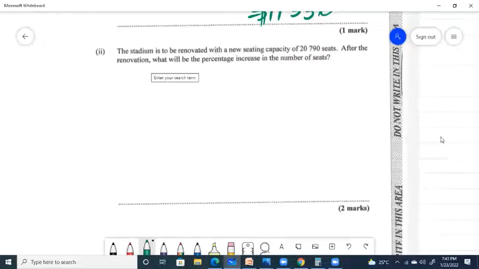The stadium is to be renovated with a new seating arrangement. So we're talking about 20,790 seats now. So it's moving up. After the renovation, what is the percentage increase? We did one just like this.